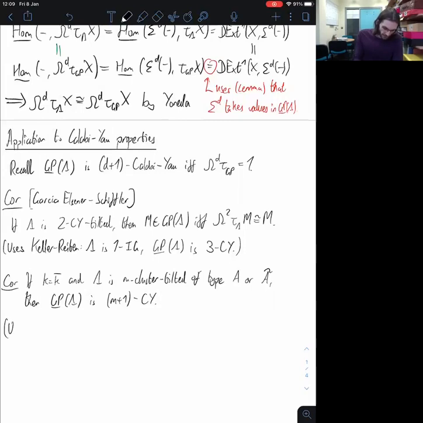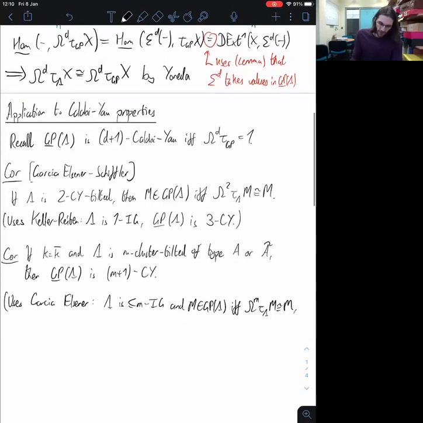And now we use a result of Garcia Elsener, who proves that firstly lambda is Iwanaga-Gorenstein, the dimension is opposed to m, and gives another of these kind of fixed point theorems. So a module is Gorenstein projective if and only if it's fixed now by omega m tau lambda m.